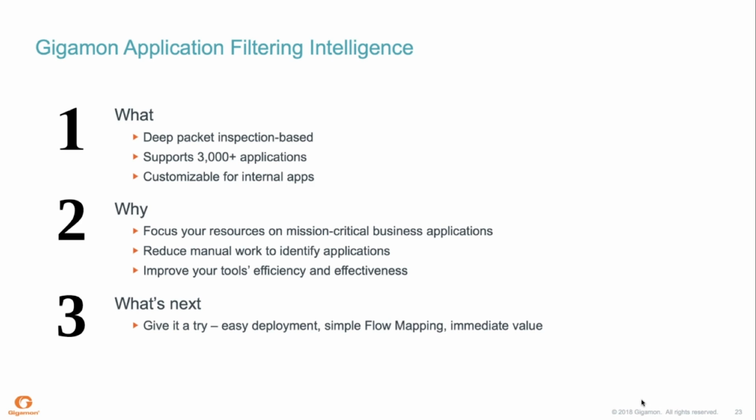What this really allows you to do is not do a lot of these things manually that you're having to do today to track applications, or have blind spots by not doing those manual steps. That's the challenge that most people face. And with Gigamon, you're able to offload this function, see all the applications, have your tools see all that, get that level of visibility into your entire network.